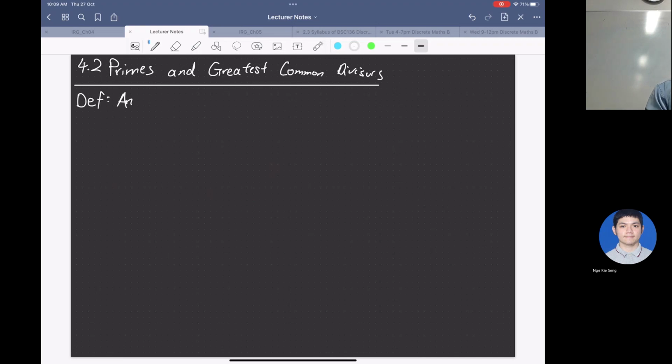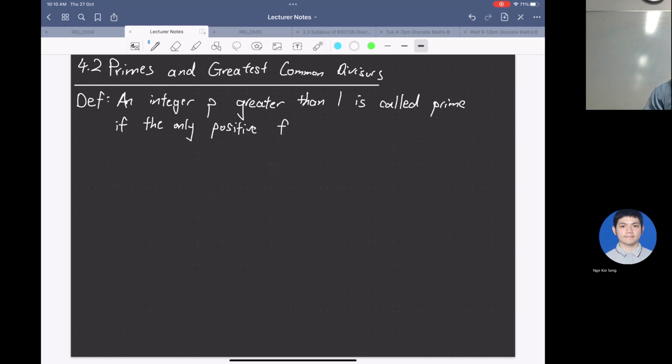A prime is a number that's greater than 1. Well, in a minute, we'll talk about why we don't want to consider 1. So a number greater than 1 is called prime if the only positive factors, again, remember factors are the numbers that divide it, are 1 and p.